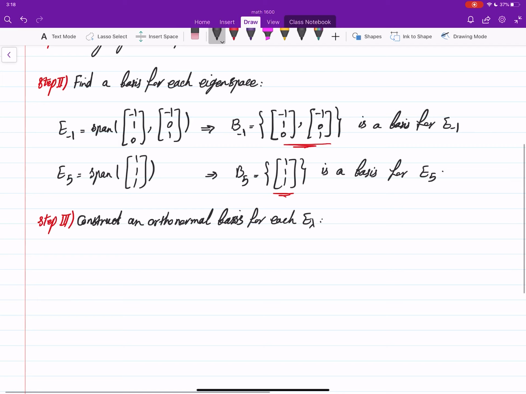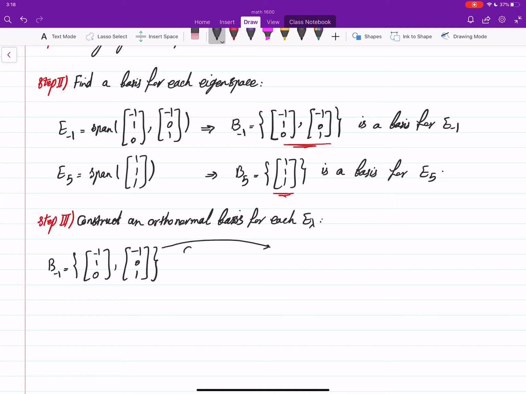So I have B of -1, which is this. I have to construct an orthonormal basis from this one. So for that, remember, we need to do Gram-Schmidt first.